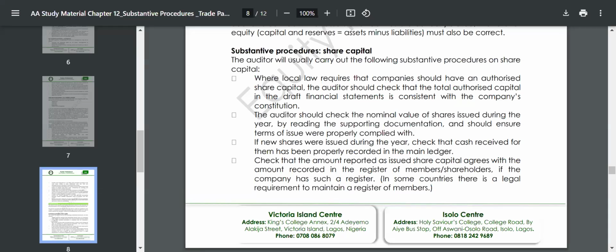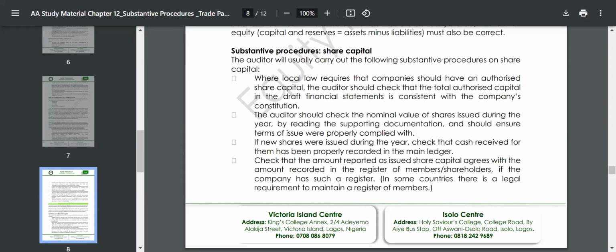And there are some companies where just private individuals within themselves own the shares. So how do you carry out the audit when a company has shares? It's not a sole proprietorship, it's not a partnership, or an NGO.